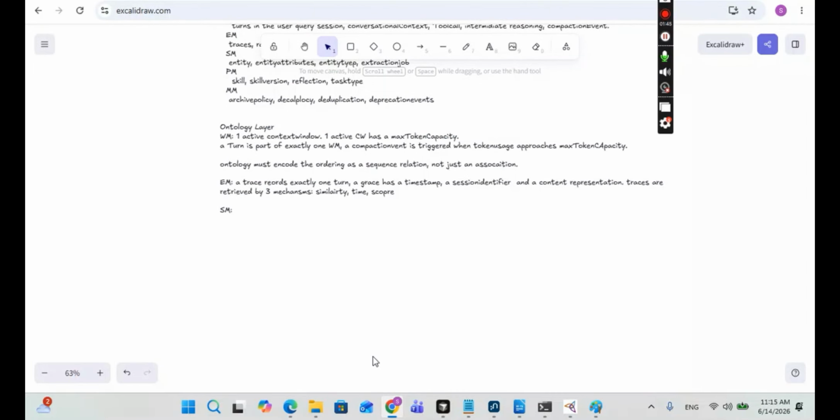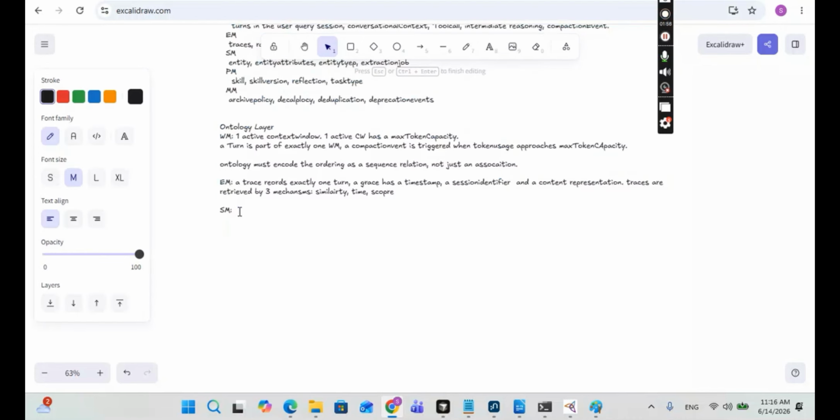And the ontological rule from the diagram: semantic memory is built by an extraction job that reads episodic traces. Semantic memory instances are not populated by direct user input; they are populated by extraction job processes that take episodic traces as input and produce entity assertions as output.